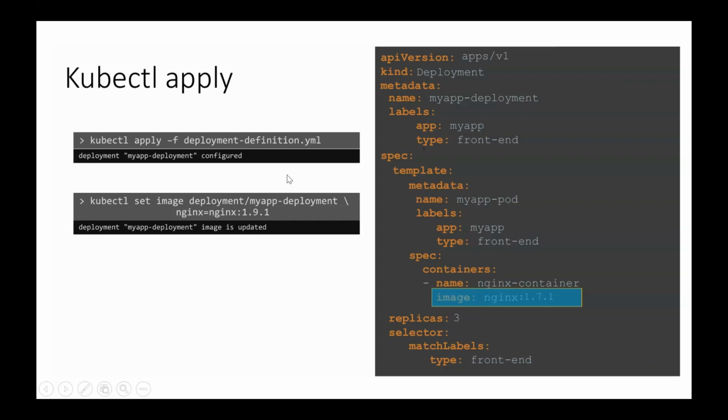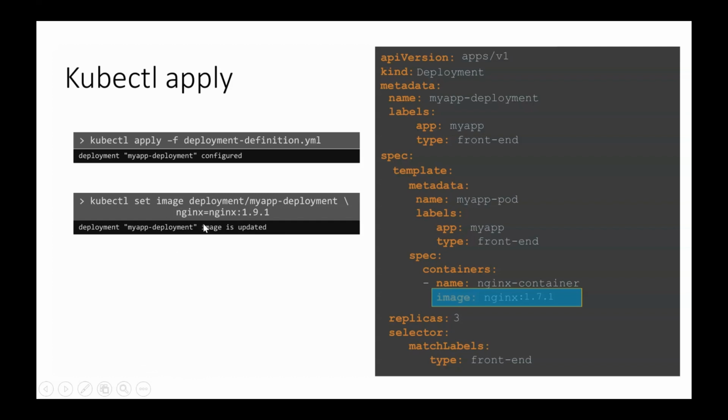Okay, so once we made this change, again we will run the kubectl apply -f command with my kubectl deployment definition.yaml. So the new deployment has been configured, and you can see my app deployment image is updated.